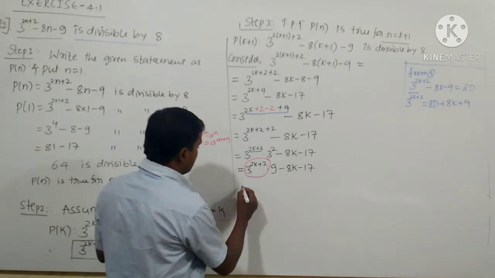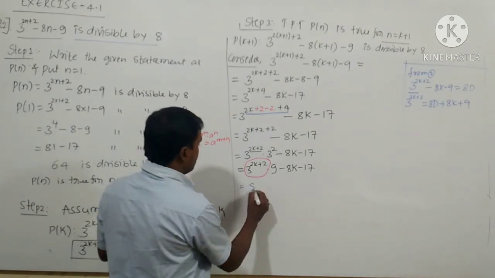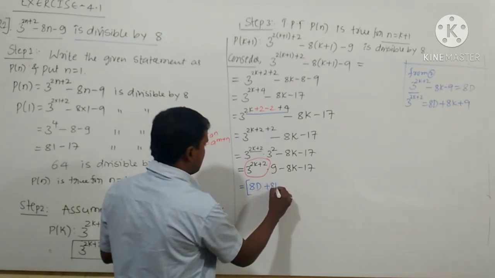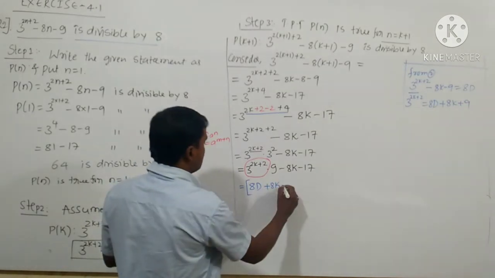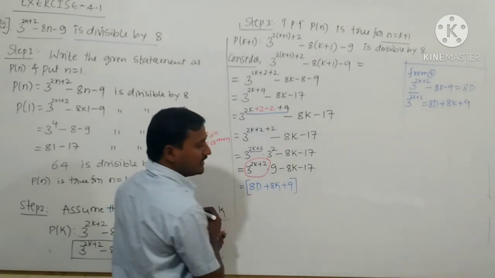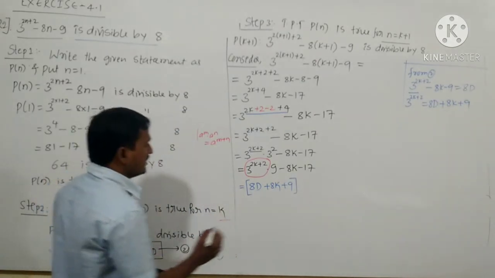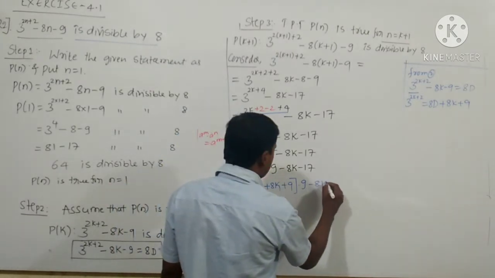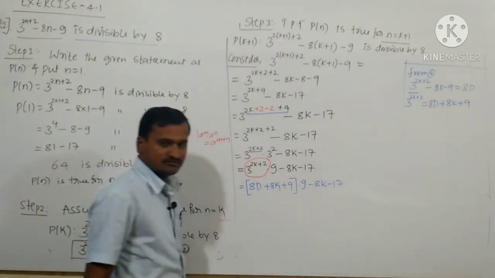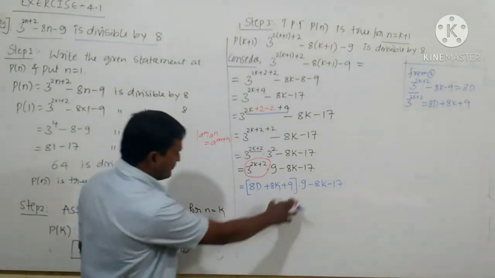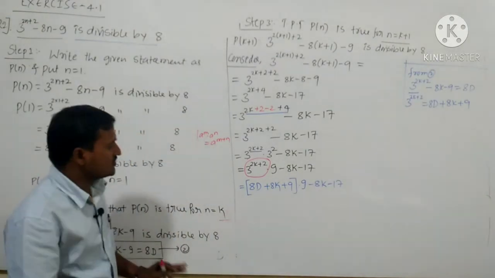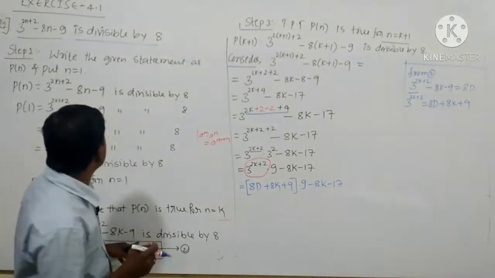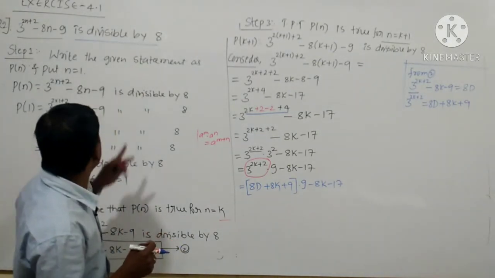So here what you are getting: this is equal to 8d plus 8k plus 9, into 9, minus 8k minus 17. Okay, right. Now we have to simplify this one, and we should get 8 into some number, meaning this is divisible by 8.